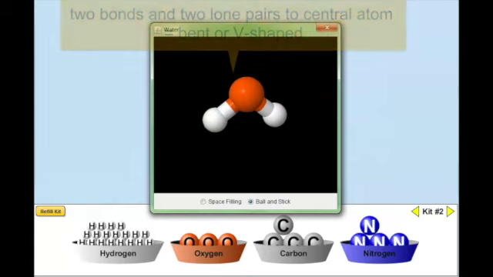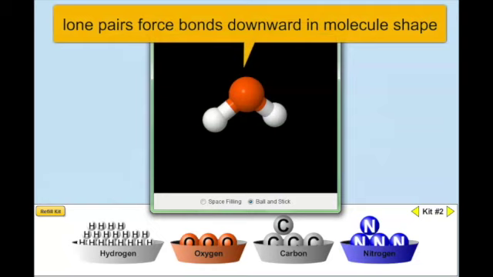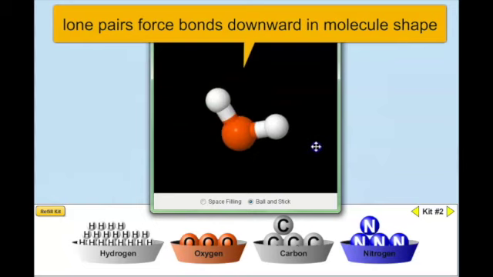This is because the hydrogens get pushed downward due to there being lone pairs on the central atom, the red oxygen atom, that don't show up in this shape, but they affect the bonds that do show up.